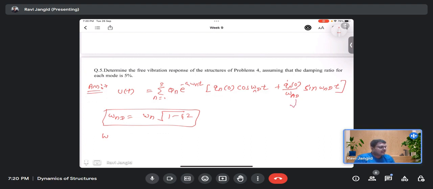In the first, you can see u of t equal to sigma phi n e power minus xi omega n t in bracket qn 0 cos omega d t plus, in the numerator, qn dot 0 plus xi n omega n qn 0.